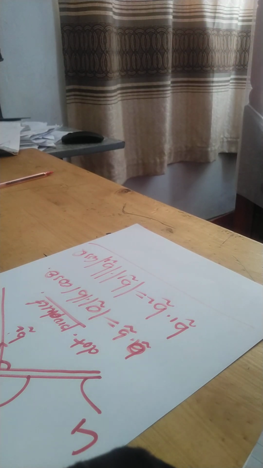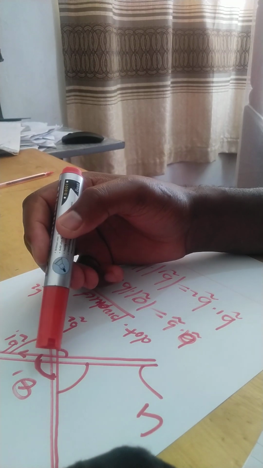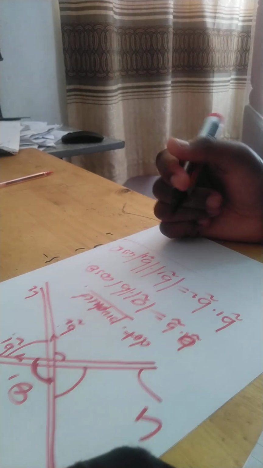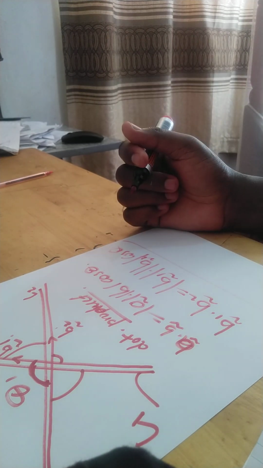Now a point to note is that for any lines to intersect, there must be an angle between them at their point of intersection.